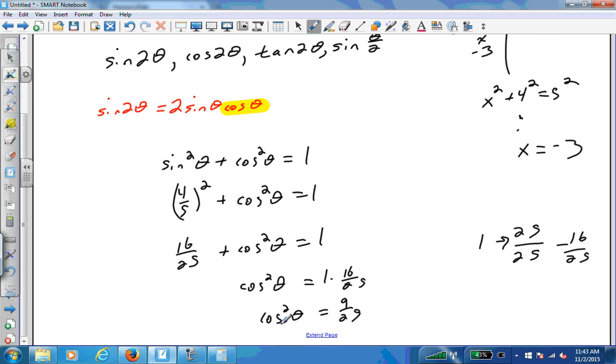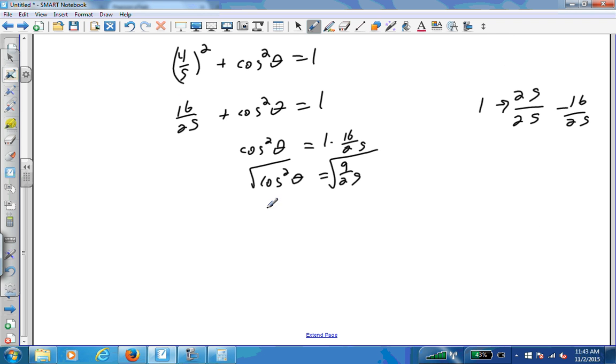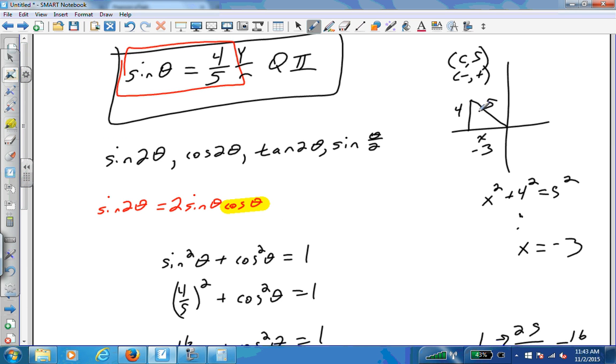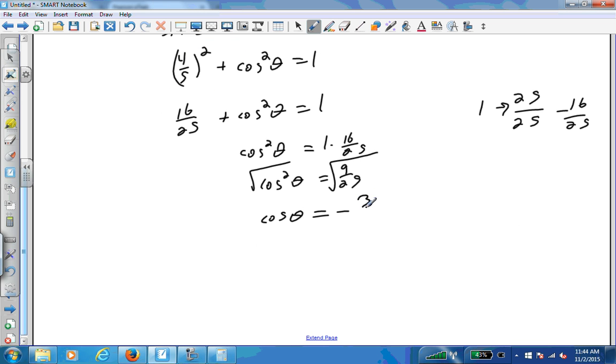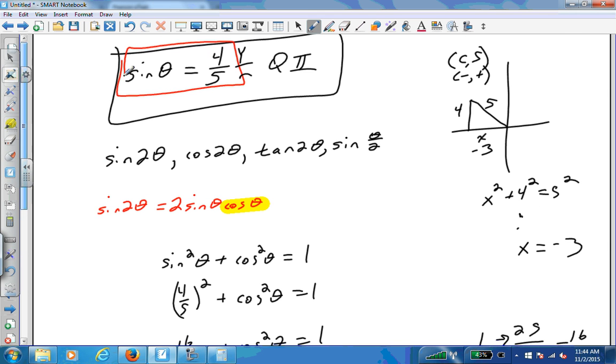How do we get cosine? Square root of both sides. Remember, when we take the square root of both sides, it's technically plus or minus. In the second quadrant, is cosine positive or is it negative? Negative. So cosine is negative, square root of 9 over square root of 25. Notice we get the same thing: x over r, negative 3 over 5. So there are different ways we could get cosine of just theta. We could either draw a triangle, draw our terminal side, and say, well, cosine of that angle is x over r. We know y over r, so x over r is negative 3/5. Or we could use an identity. If we know sine, we can get cosine using the Pythagorean identity.